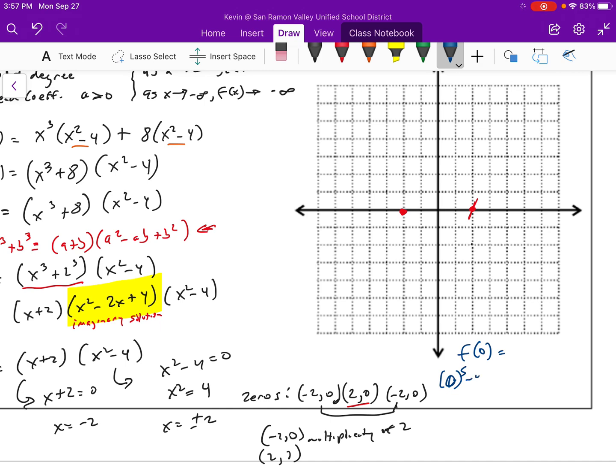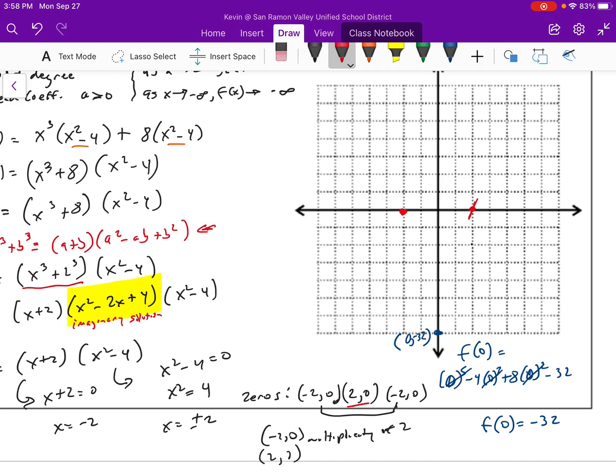So we have 0 to the 5th power minus 4 times 0 cubed plus 8 times 0 squared minus 32. Well, these are all 0, so f of 0 equals negative 32. So I come down here, I'm just going to write it here. Don't worry about the scaling of it. So this is going to be 0 and negative 32. So I know it's way down here. And so it kind of helps me with what my graph's going to look like.